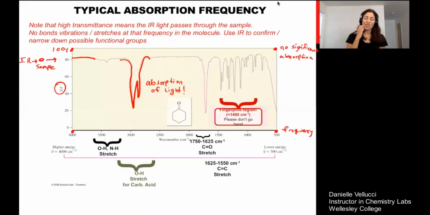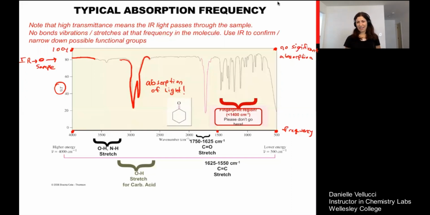Okay. How you're going to read your IR spectrum typically is you're going to pretty much ignore the region between about 500 and 1500. Okay. This is called the fingerprint region. Every molecule that we're concerned with is going to give us signals in there, often many signals.